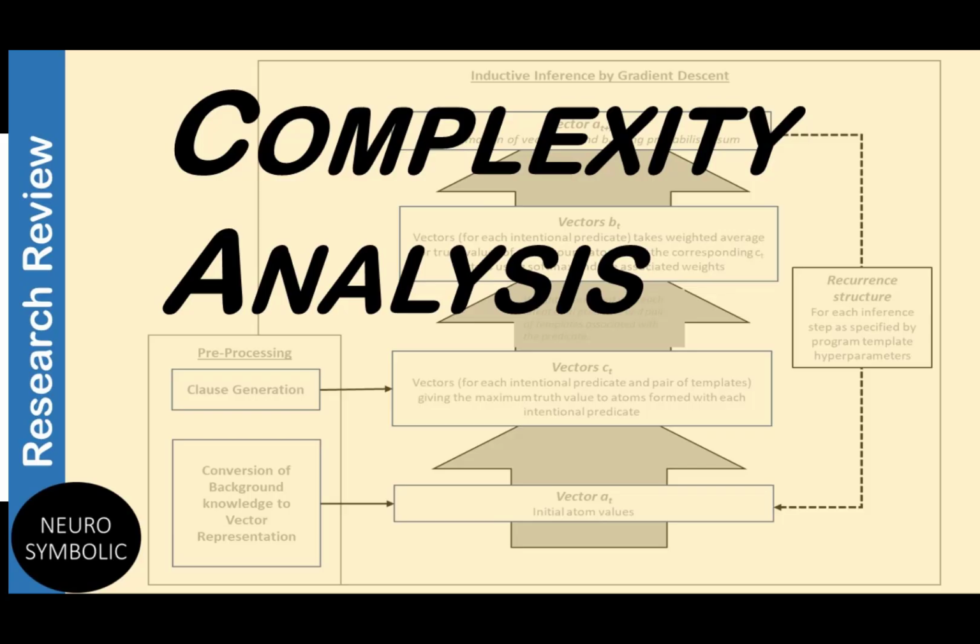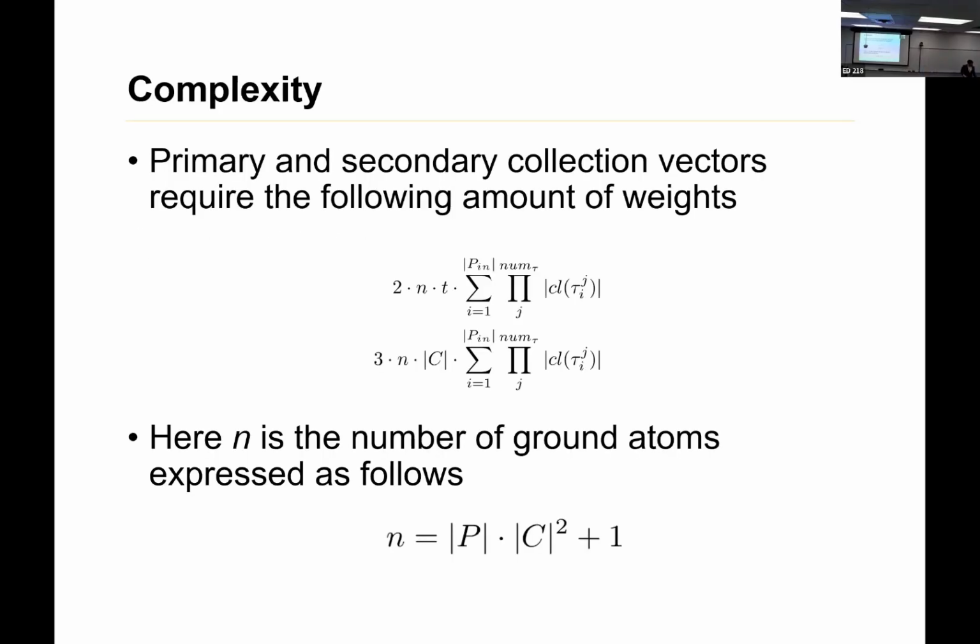So let's talk about the complexity of differentiable ILP. We'll talk about this in terms of the number of weights that are used, because that directly relates to space and time. They talk in the paper about primary and secondary collection vectors.